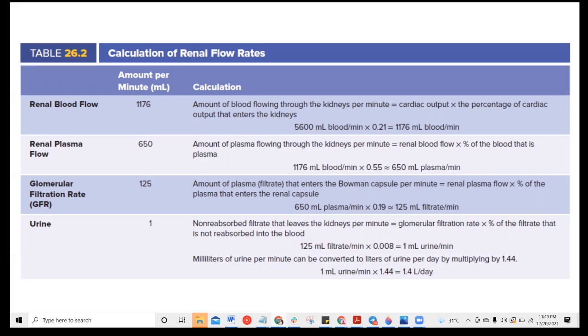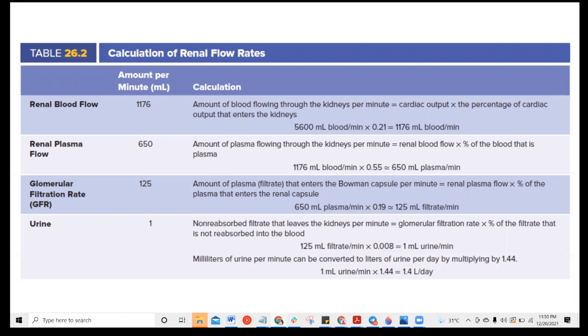Renal blood flow amount per minute is 1,176. The calculation: the amount of blood flowing through the kidneys per minute is equal to cardiac output times the percentage of cardiac output that enters the kidney.